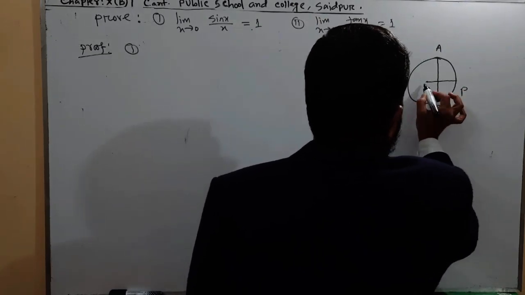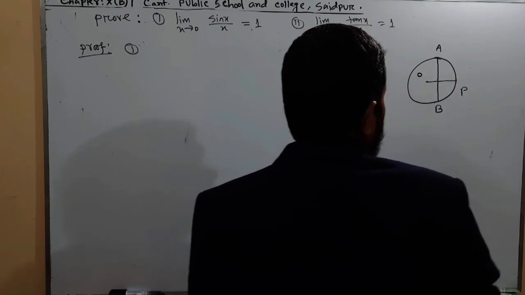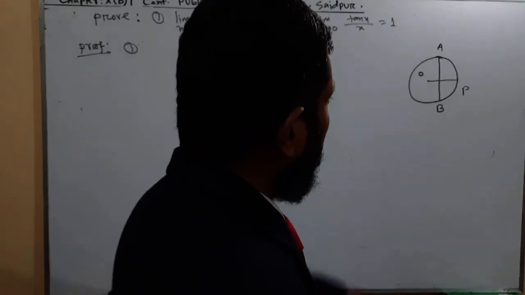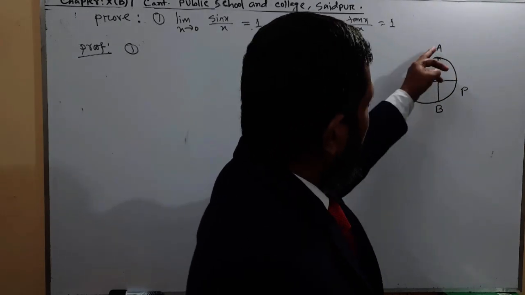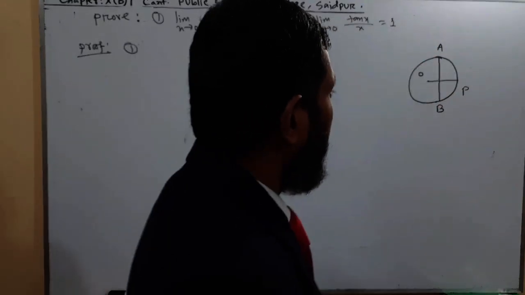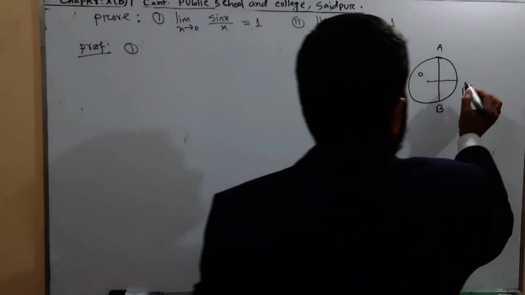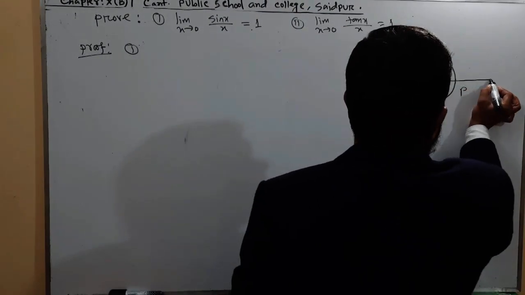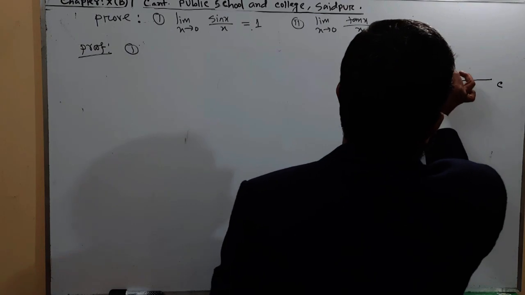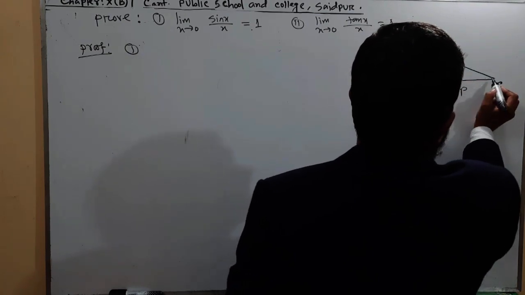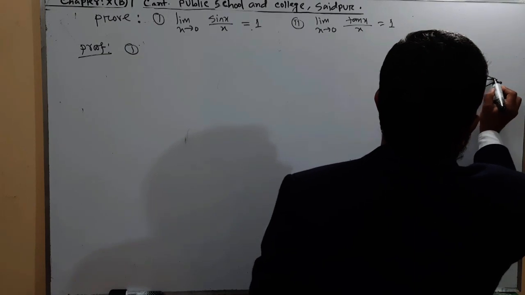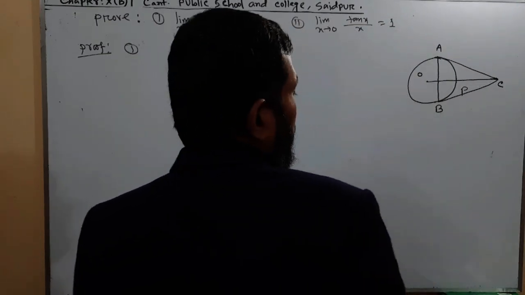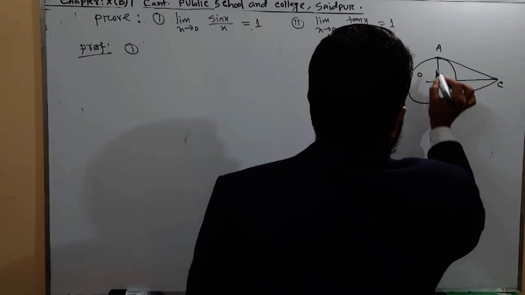OP bisects the chord AB and arc APB, and intersects at C. Here CA and CB are two tangents of the circle.